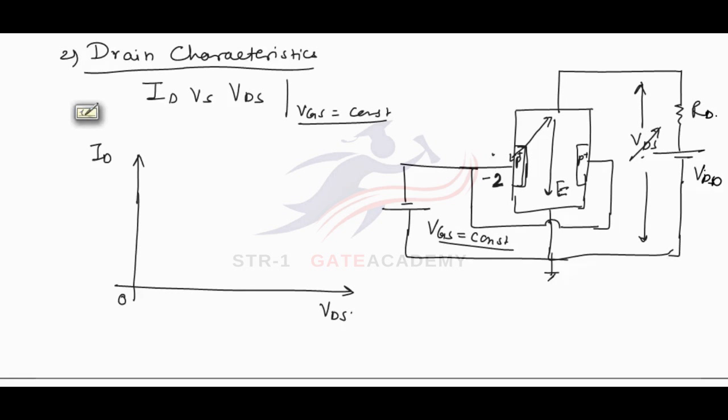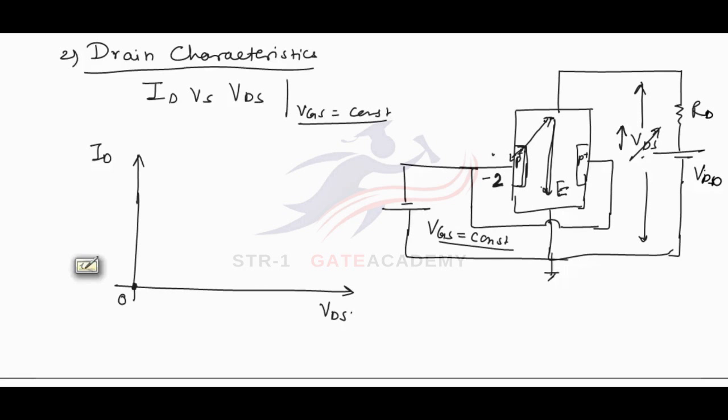When VDS equals 0 volt, the field in the channel will be equal to 0. If the field is 0, then there will be no flow of charge carriers and the current ID will be equal to 0. Now, if VDS is increased, then the reverse biasing between drain and gate will be increasing.